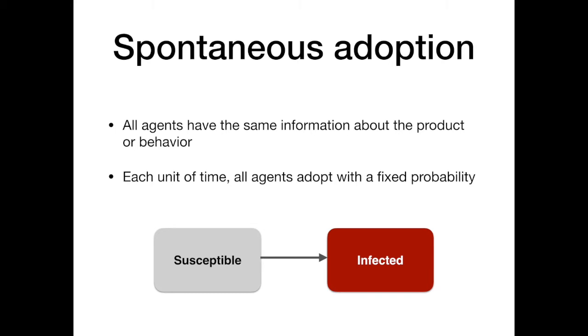Each agent adopts with a fixed probability. We can introduce a variable to our model that determines exactly what that probability is, the probability of adopting at every time step. So consider this. What we're really assuming here is that agents all have the same information and the same psychology, the same proclivity for adoption. And again, what we're looking for is the dynamic pattern of how they adopt over time.